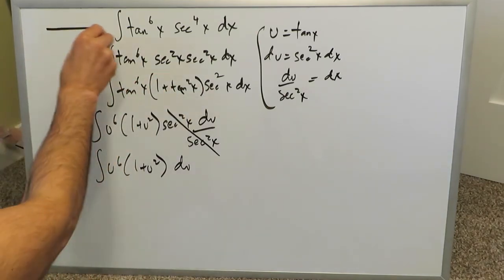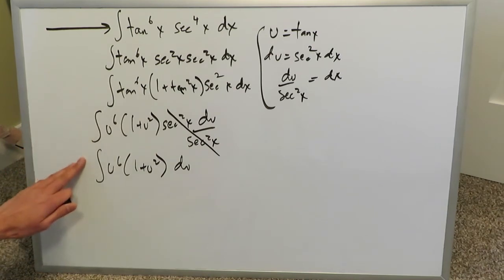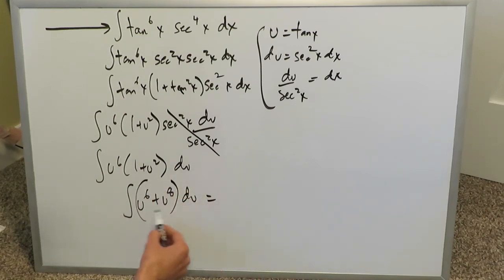Technically more difficult of a question, but in terms of utilizing experience and technique, it actually becomes easier than the previous question we've just seen. You just have to open up the parentheses over here, u to the 6 plus u to the 8 du. Integrate this, it's easy. It's basically just simple polynomial integration.